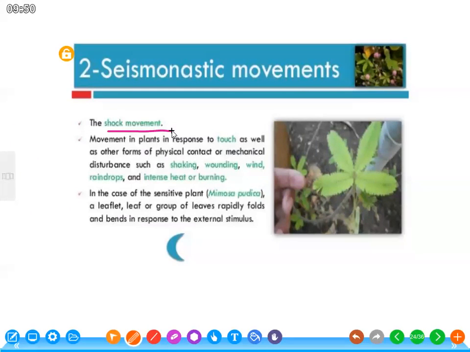well as other forms of physical contact or mechanical stimuli such as shaking. In the sensitive plant Mimosa pudica, a leaflet or leaf or group of leaves rapidly falls and bends in response to the external stimulus.